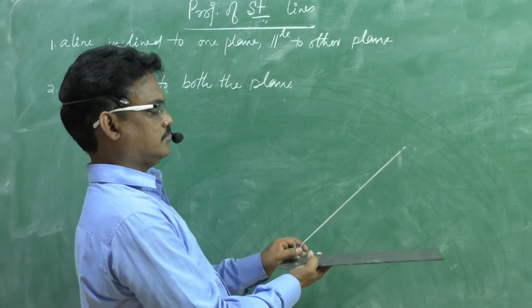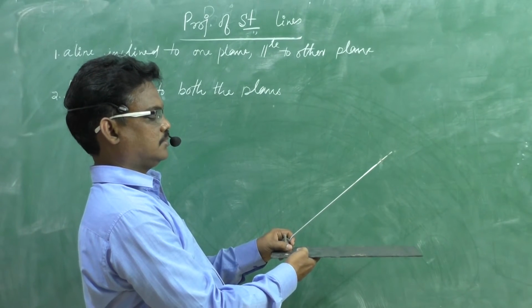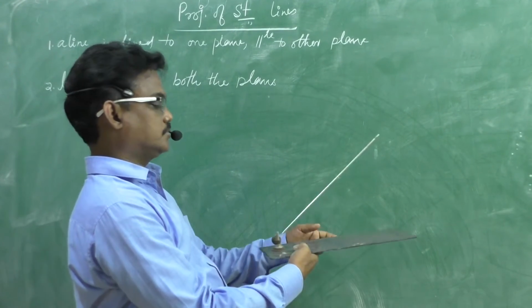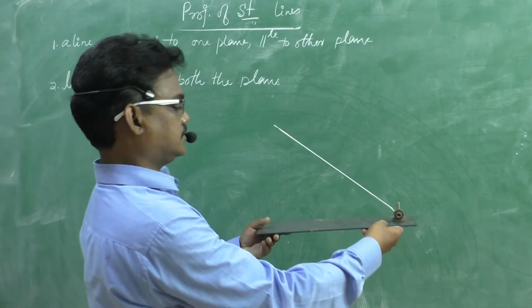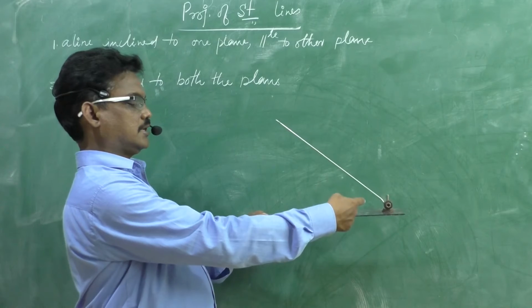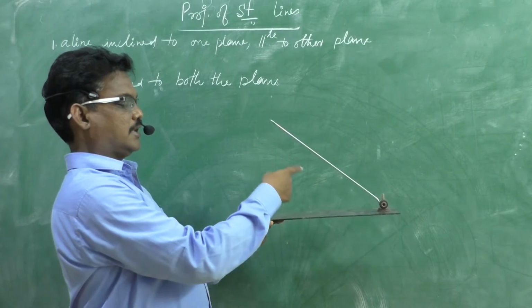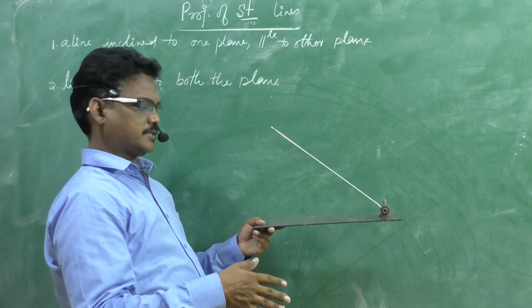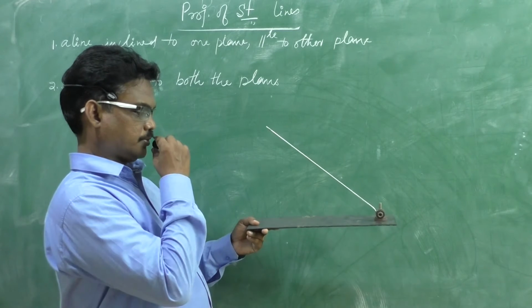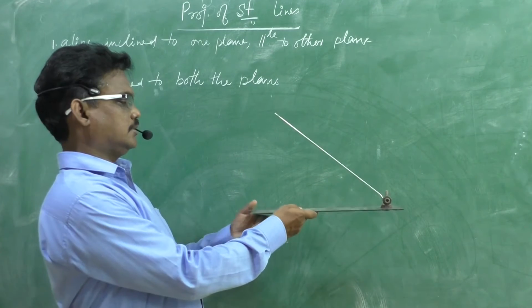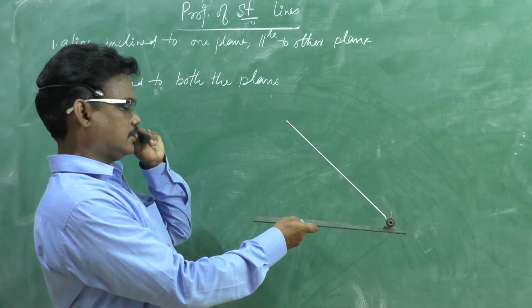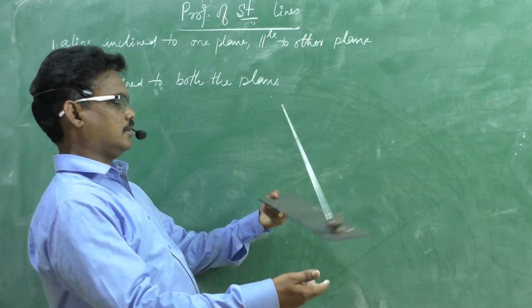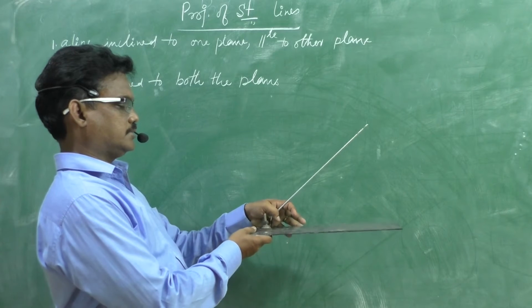Now this line is inclined to HP and parallel to VP. Both the projections are correct. Here we can consider this line like this or like this.